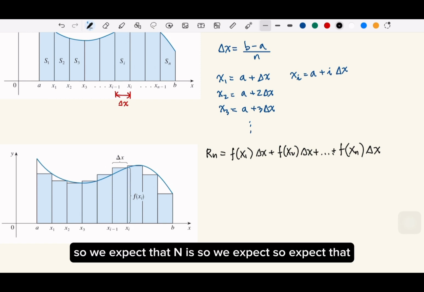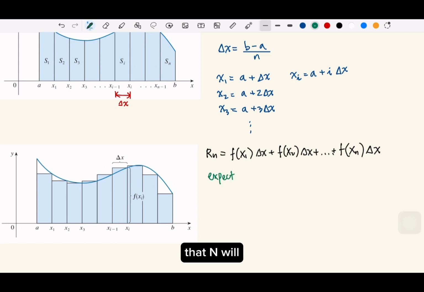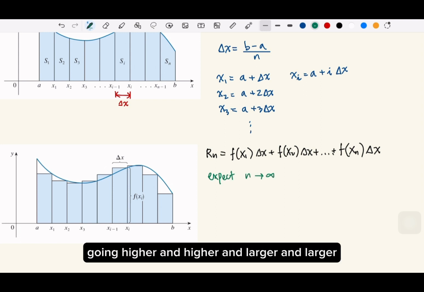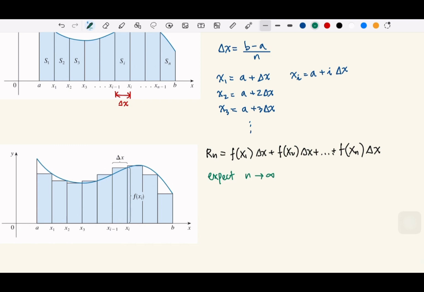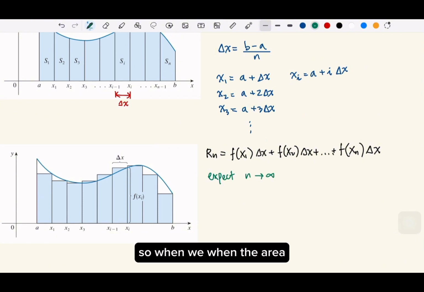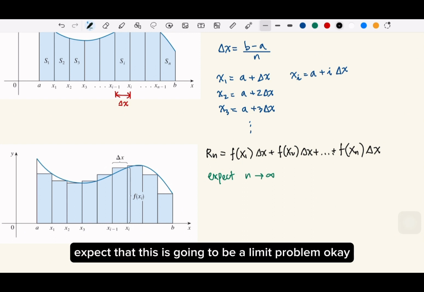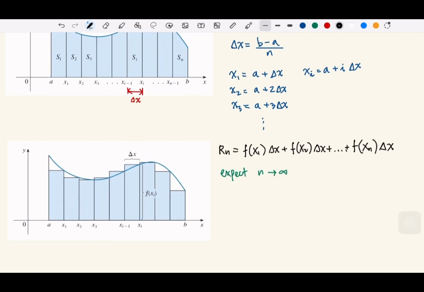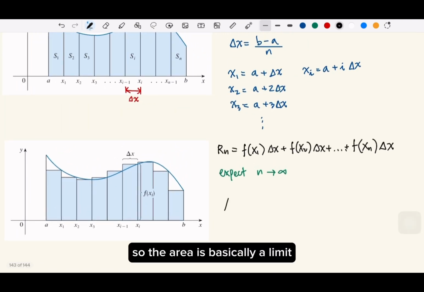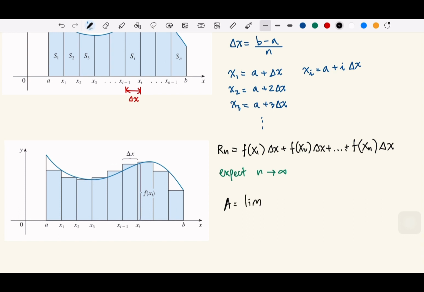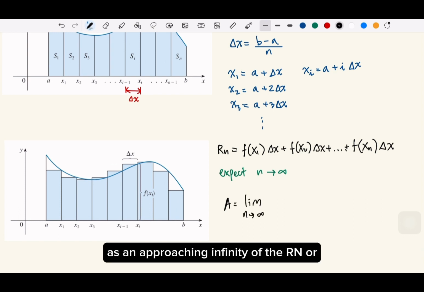We expect that n will go higher and larger. So when n is getting larger, we can also expect that this is going to be a limit problem. So the area is basically the limit as n approaches infinity of the Rn.